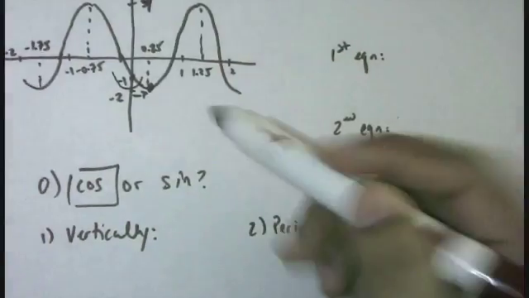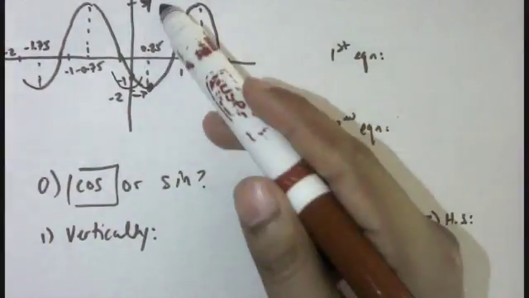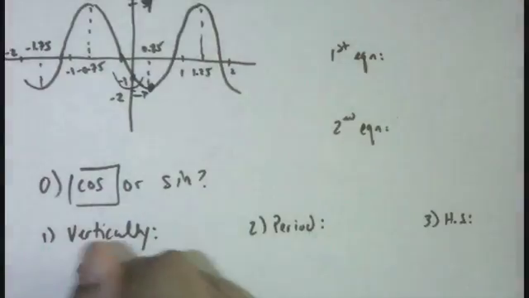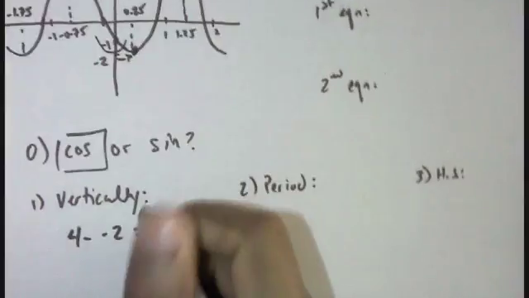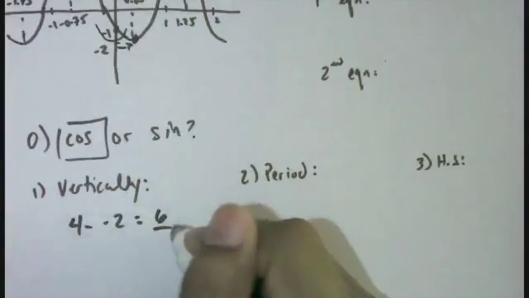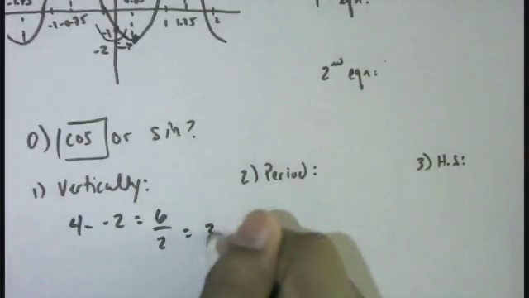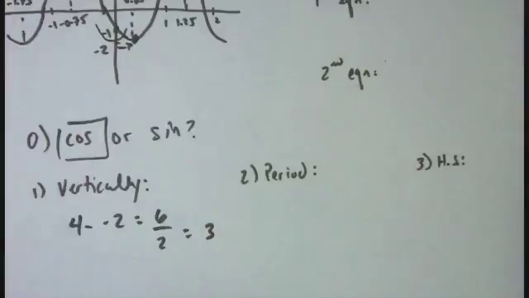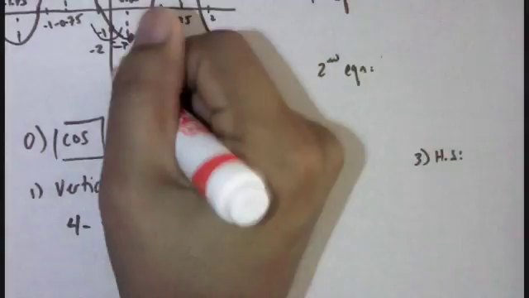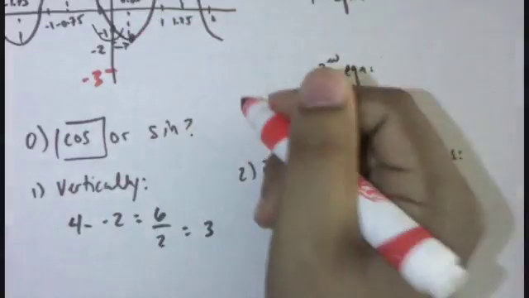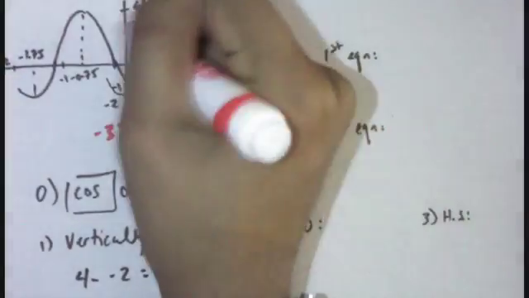Now looking vertically, I had a -2 value and I went up to 4. So to find the distance between those, I'm doing 4 minus -2 is 6. That's 2 times the amplitude, so let's cut that in half, and that gets us a 3. That means that my actual range was from -3 to 3.